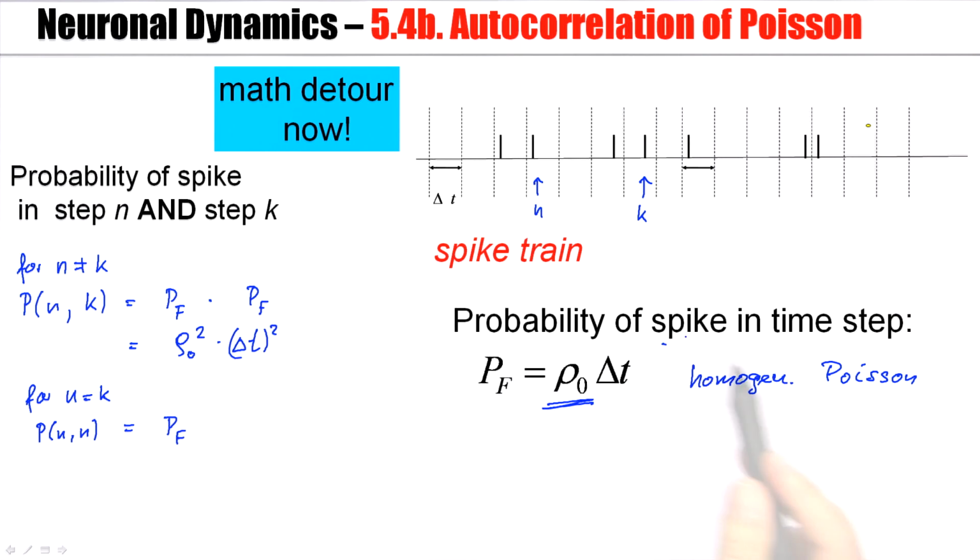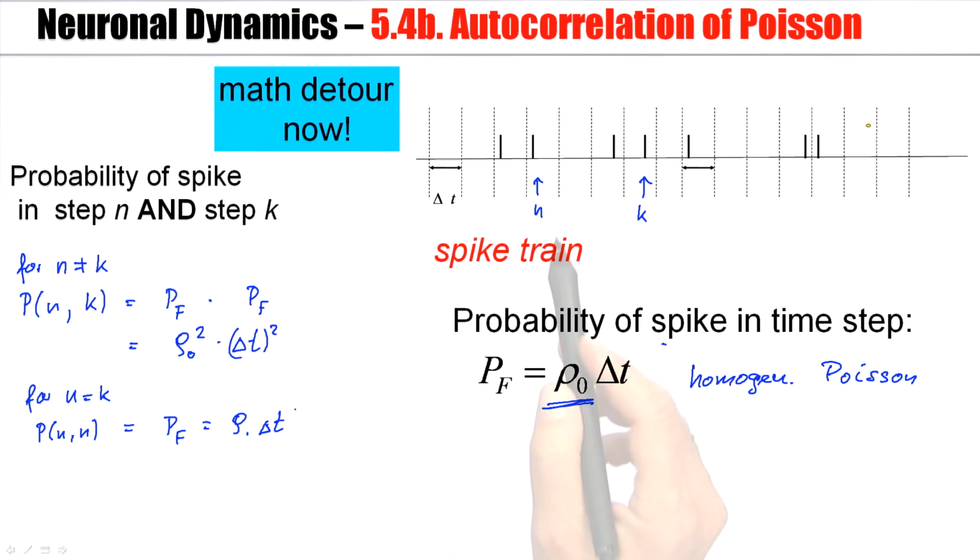The probability of a spike in some time step is rho 0 times delta t. So what we learn from this simple argument is that we have to distinguish the two cases. The case where we talk about spikes in the same time step, and if I have a spike in that time step, I know that I have a spike in that time step. And the normal case, that the time steps are different.